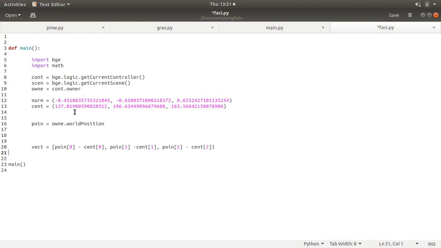And then I just have to dot that with a normal. So dot equals, and then I'll store that.